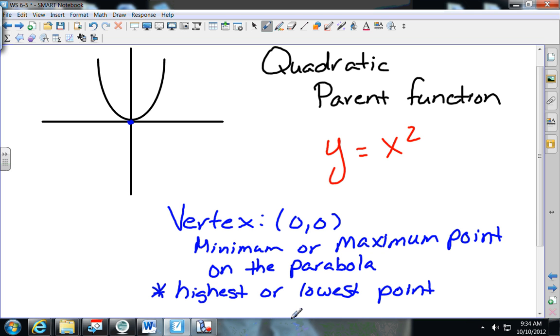Okay? Now, another thing we learned about was called the AOS. What is the AOS? Axis of symmetry. What does the axis of symmetry mean?